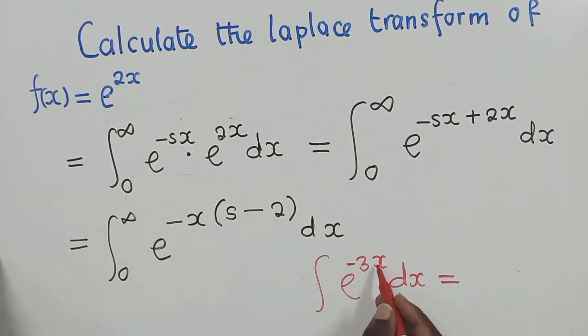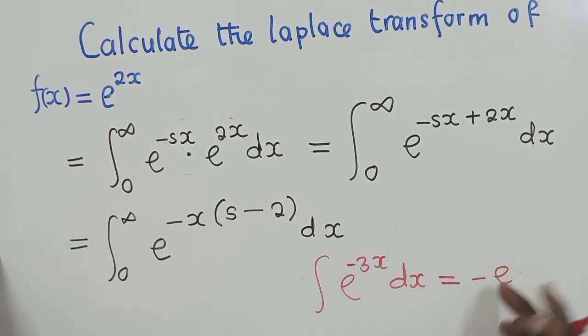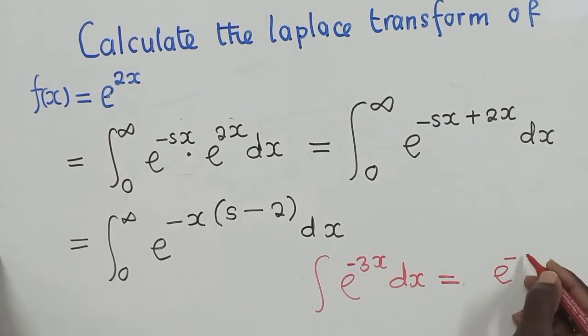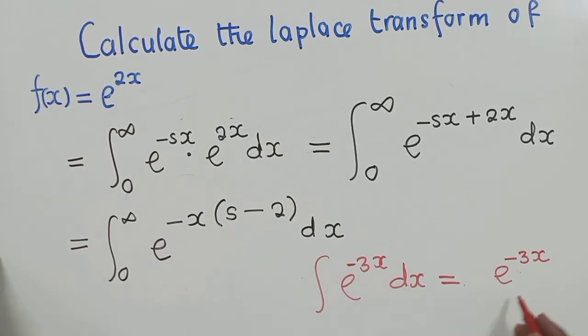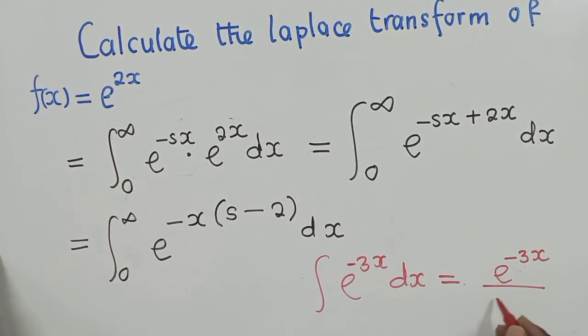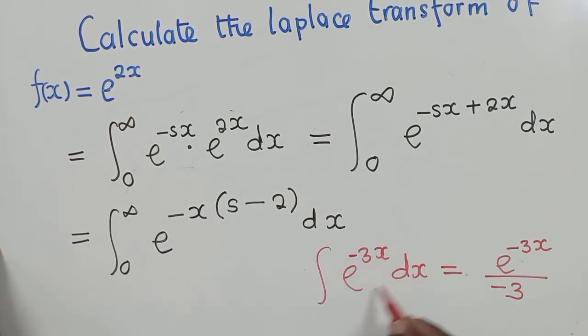So we are respecting x, so the answer would be negative e, or e to the power negative 3x. You just copy what you have, and then you say divide by negative 3. So when integrating this, just copy the way it looks.